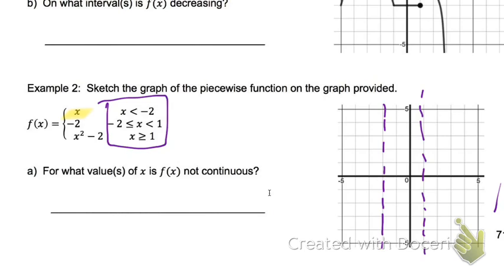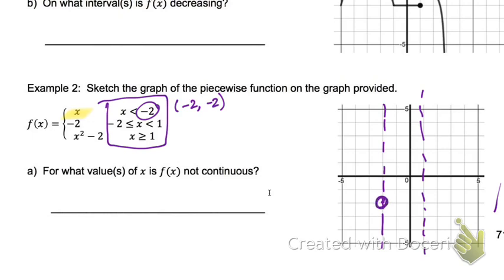So what I normally do is I take my function and I plug in this value, and then I plot that point there. So the ordered pair would be -2, -2. And does that get an open or closed circle?